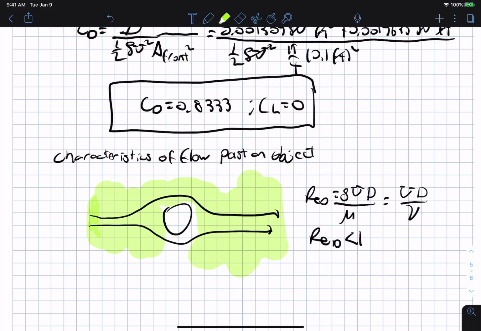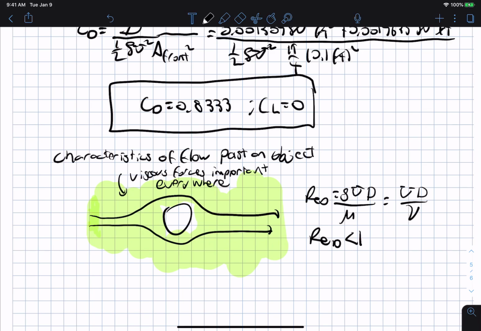For a very low Reynolds number flow, the viscous forces in the denominator are dominating over the inertial forces at the top. This means that viscous forces are important everywhere.